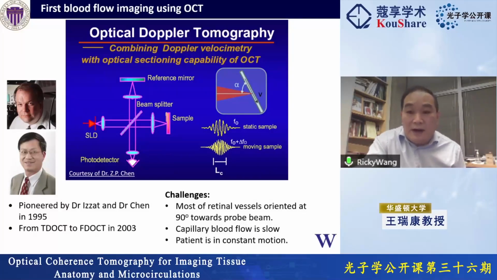Okay, however, the problem is that to get the Doppler shift from the moving particle, you have to have this angle. Okay, this angle is called the Doppler angle. And if this Doppler angle is about 90 degrees, you have no Doppler shift, which means that if the blood flow is perpendicular to the OCT beam, you do not have the ability to measure the blood flow.